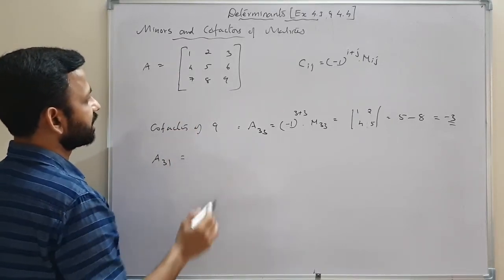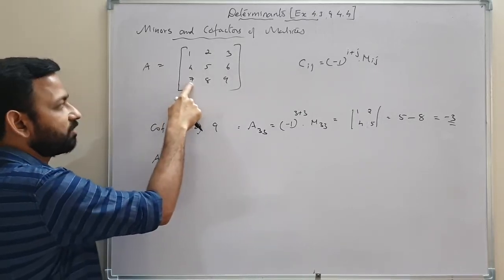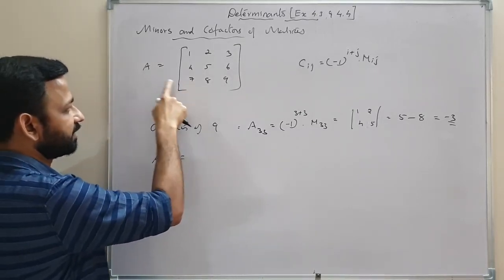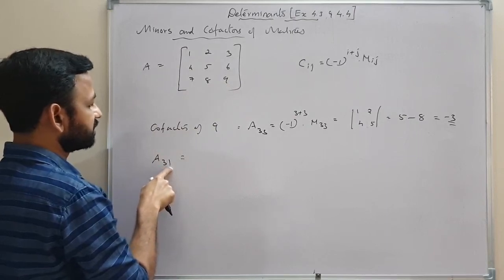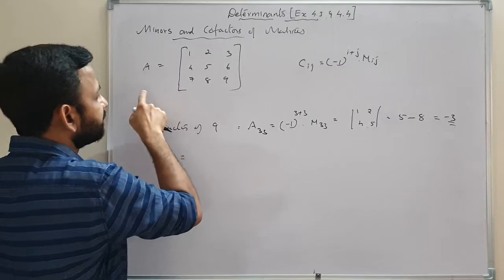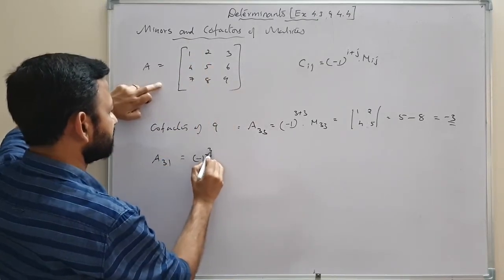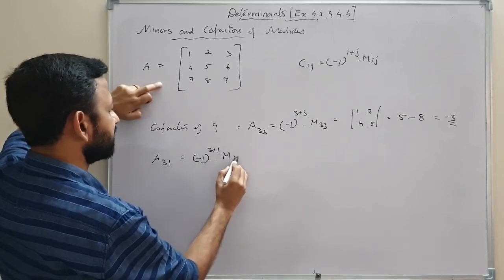If you want to find the cofactor of A31, A31 is this element, that is cofactor of 7. A31, third row, first column. So the cofactor of 7 we are going to find. Here, the formula is minus 1 raised to 3 plus 1 into M31.